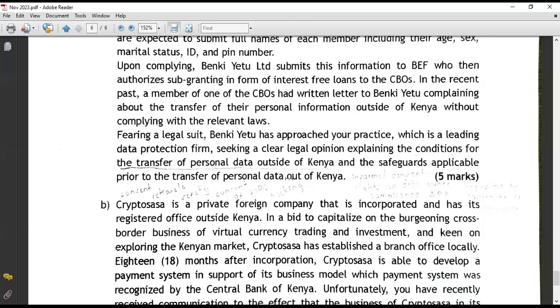I think before any information by the members of the CBO is transmitted from them to the ones who are going to be handling the information, there has to be consent by the members of the CBO. They have to know the extent of the information that they are supposed to give.